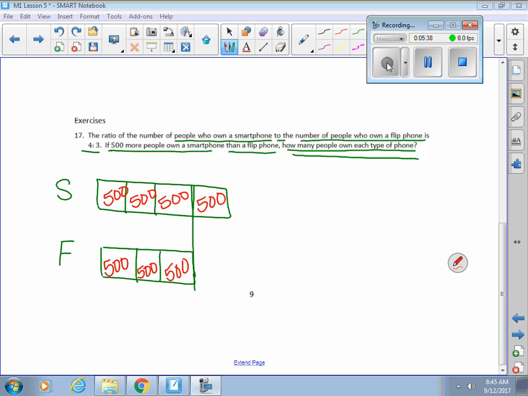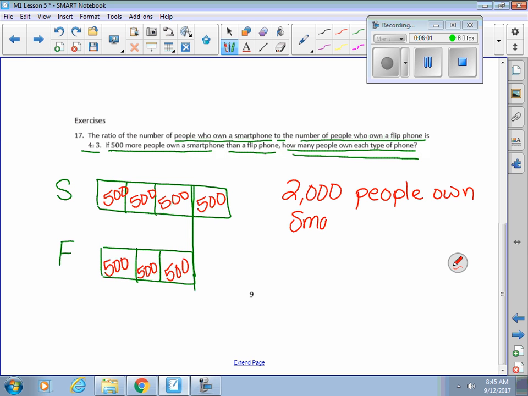So, how many people own smartphones? Riley? 2,000. 2,000, very good. How did you get 2,000? 500 times 4. Very good. 500 times 4 is 2,000, so we would say 2,000 people own smartphones.